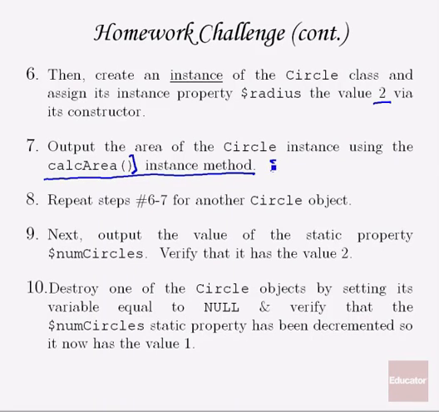It's going to have access to this variable, so you'll be able to access the radius using this, followed by the arrow, followed by radius. So within your calcArea method, you'll be able to grab the value of the radius property of that particular instance, calculate the area, and return it.